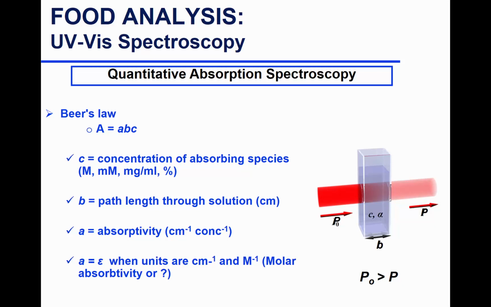Anyway, when units are in per centimeter and per molar as a concentration, then the a is referred to as molar absorptivity or molar extinction. It means the same thing. Okay? So when you hear molar extinction and when you hear molar absorptivity, they mean the same thing.